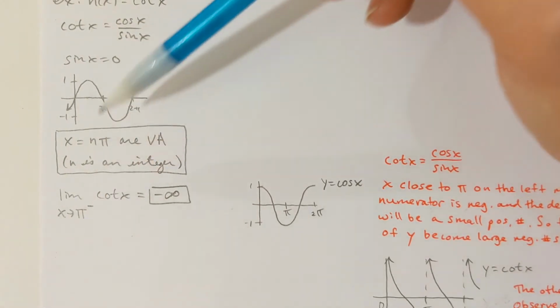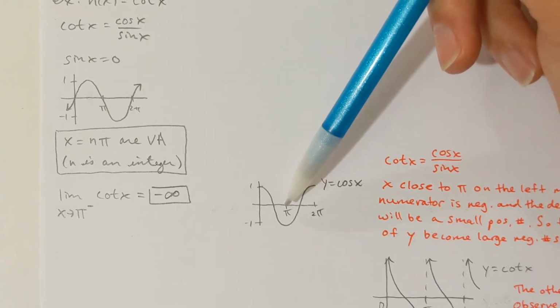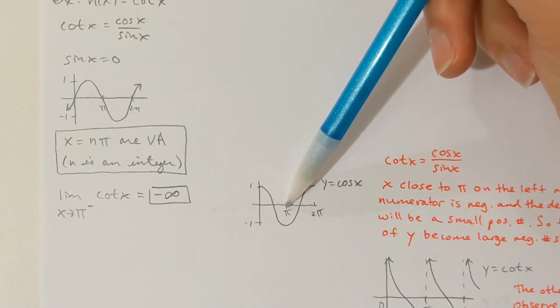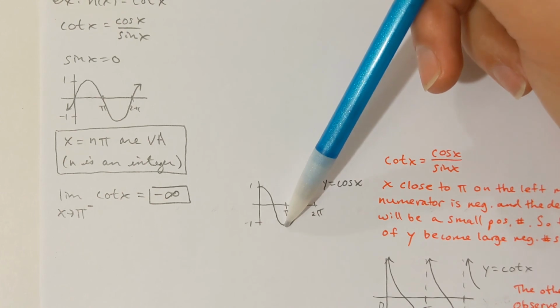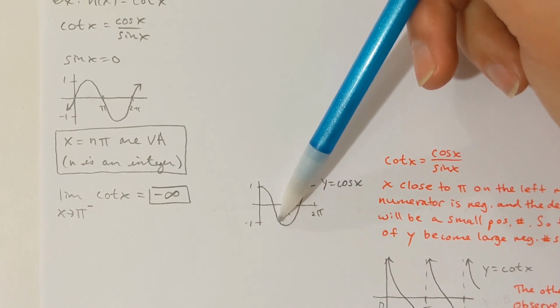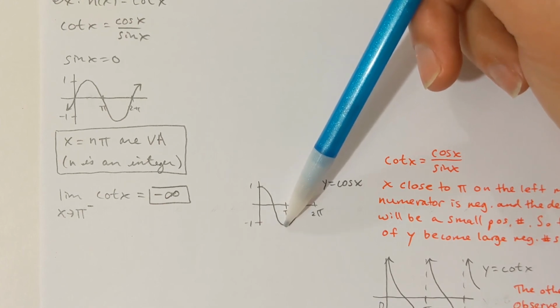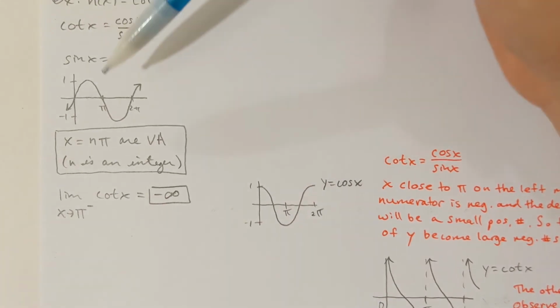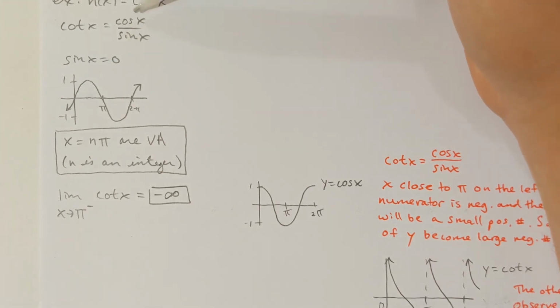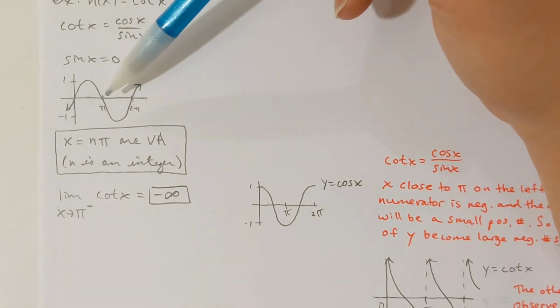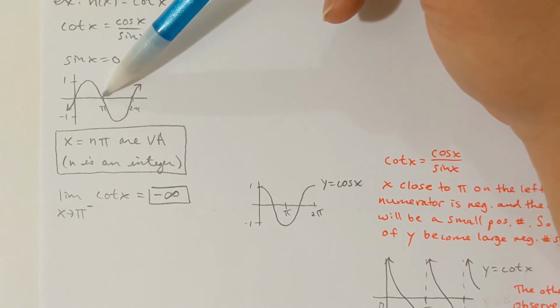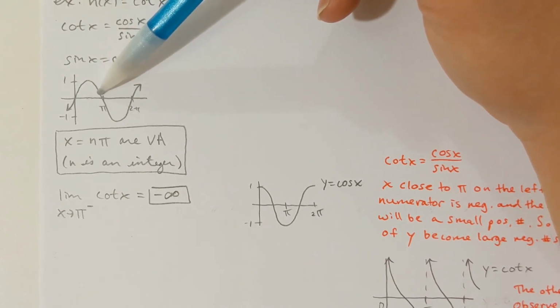So if I'm on the left side of pi, cotangent of x would be a negative, right? If you're on the left side of pi, you're down here. As long as you're close to pi on the left side, you're going to get a negative value, so the numerator is going to be a negative. On the graph of the sine curve, if you're on the left side of pi but close to pi, you're going to have a positive y value.